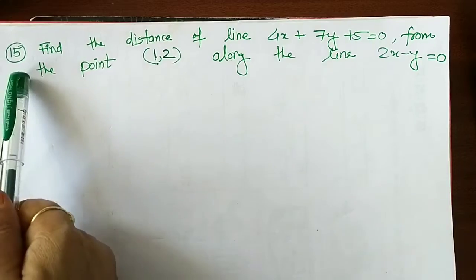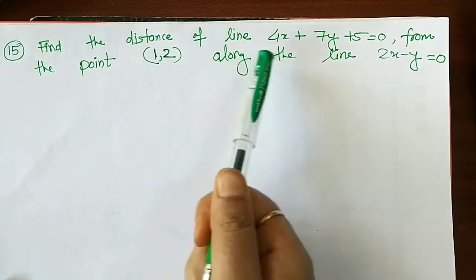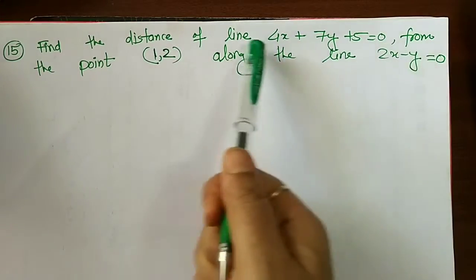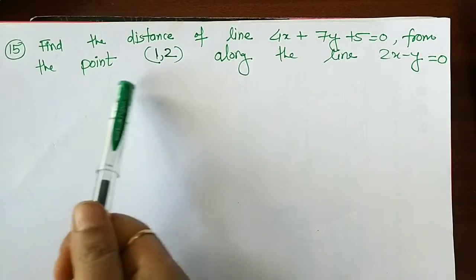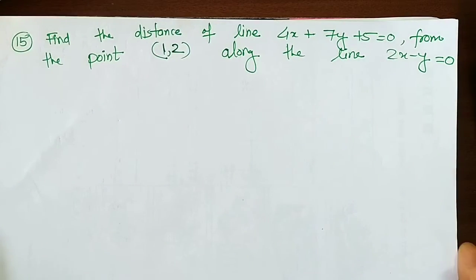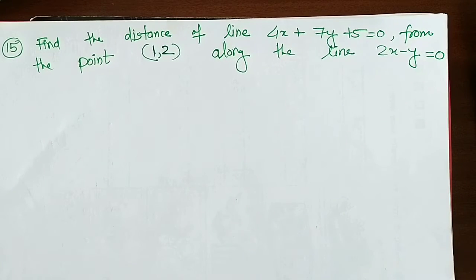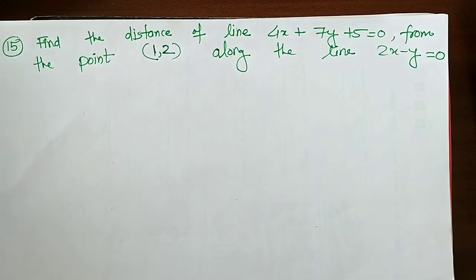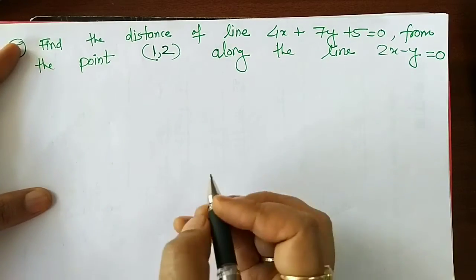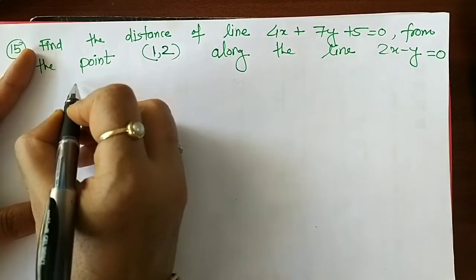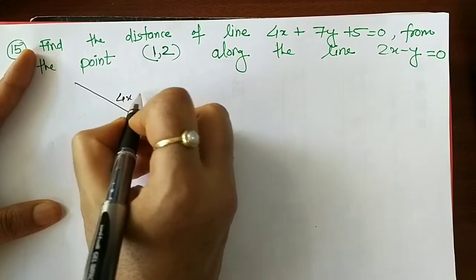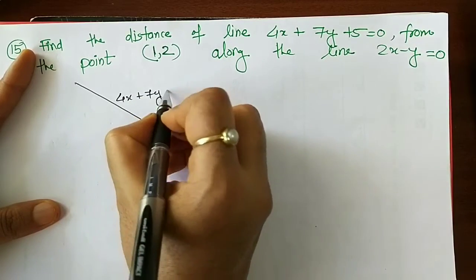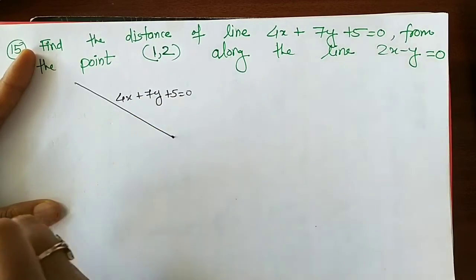Here is question number 15. Find the distance of this line from this point along this line. So guys, first of all, read the question carefully and try to make sense out of it by making a rough sketch. What they are saying is, suppose this is some line which is 4x plus 7y plus 5 is 0.